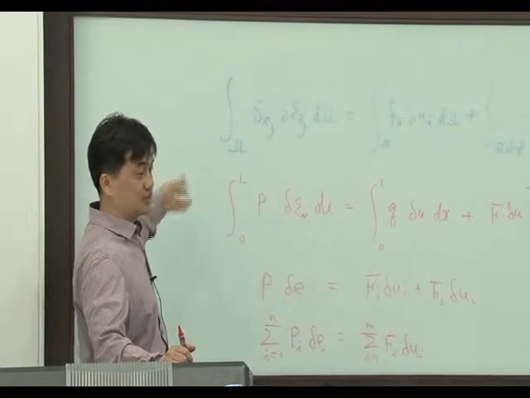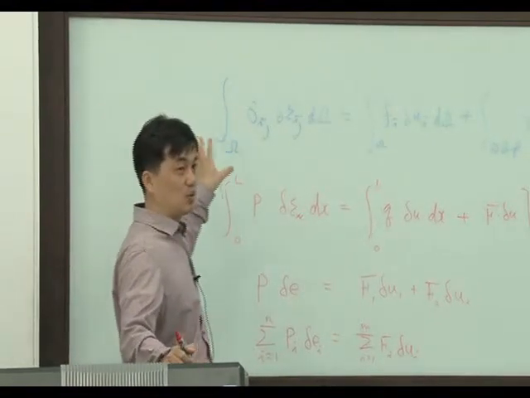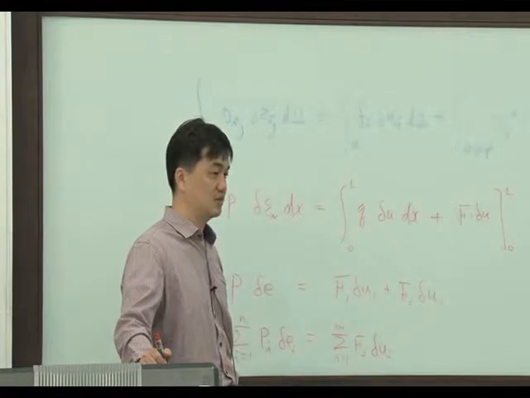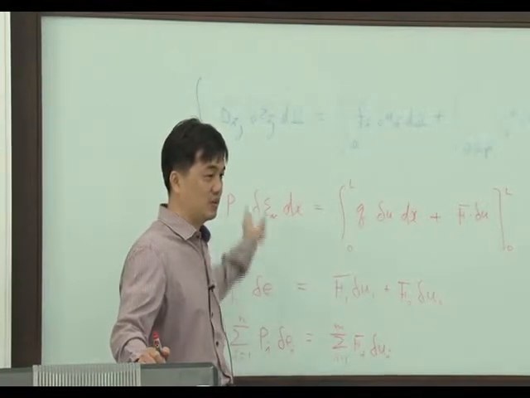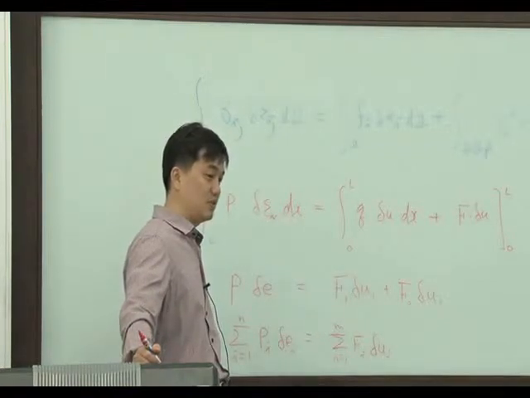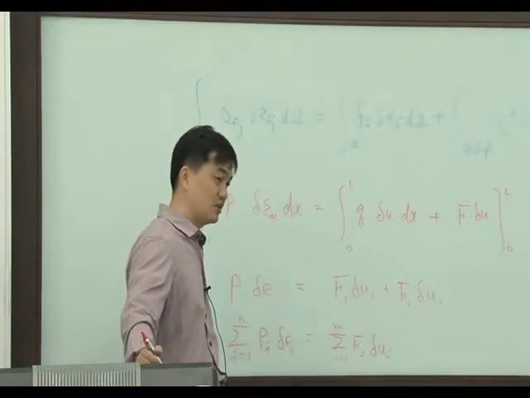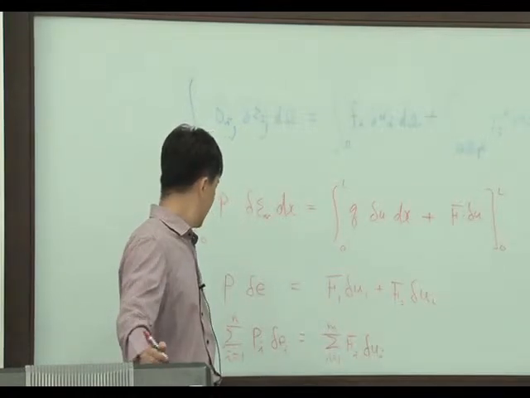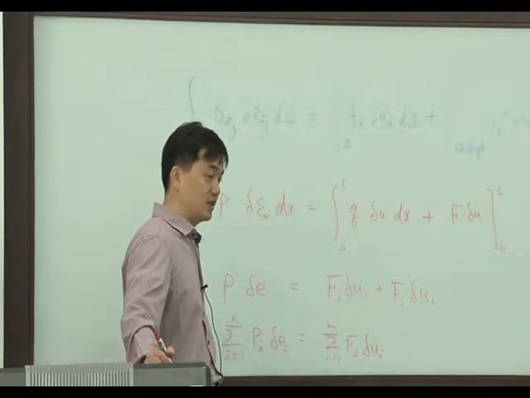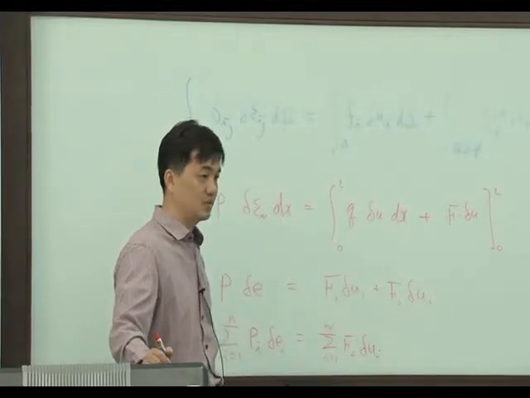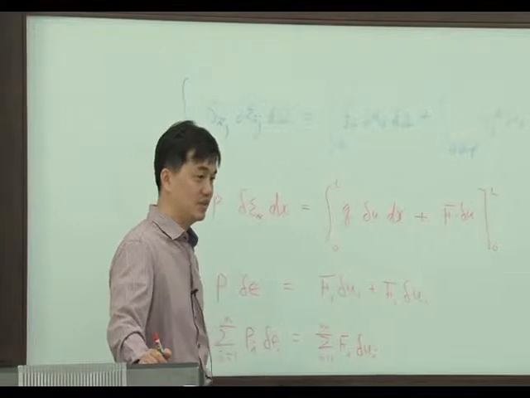The equations look different, but these are all the principle of virtual work. Okay? So, 정호, are you familiar with maybe this one or this one? You studied this equation in undergrad school already, right? And you use this equation to solve a truss system, right?